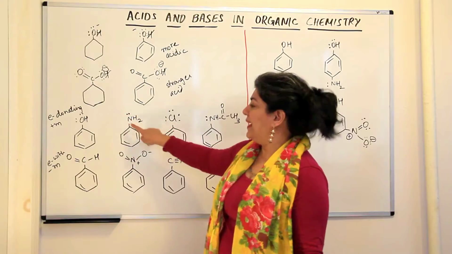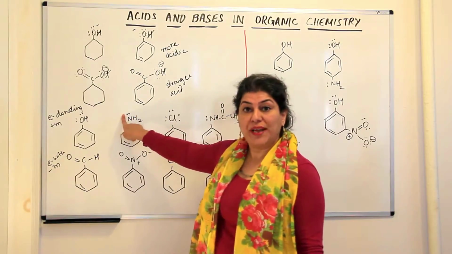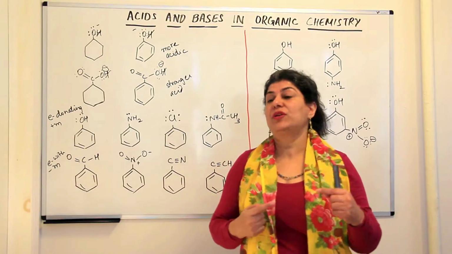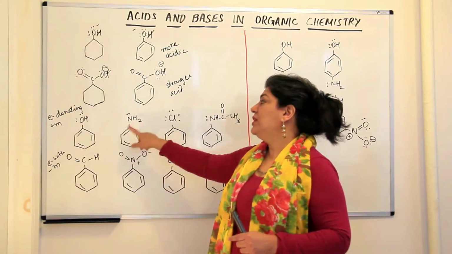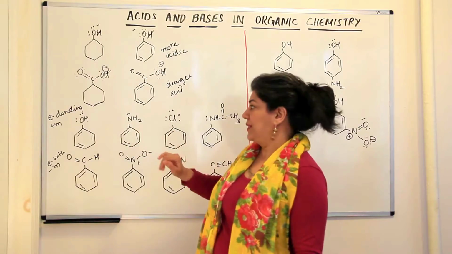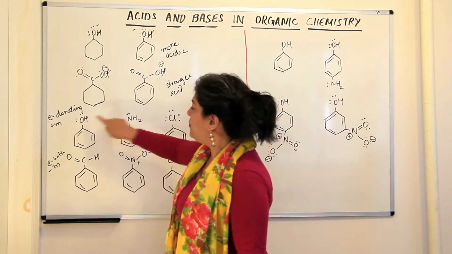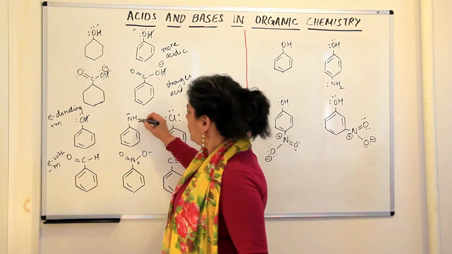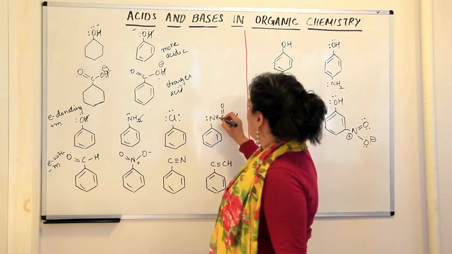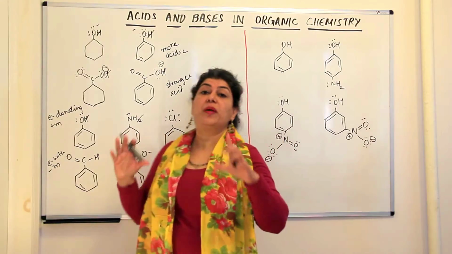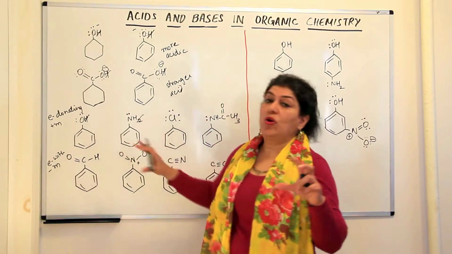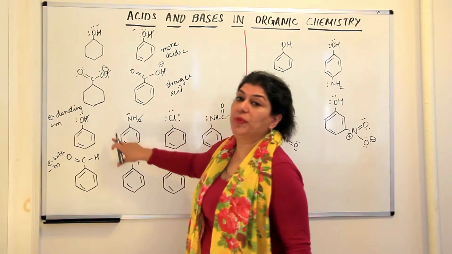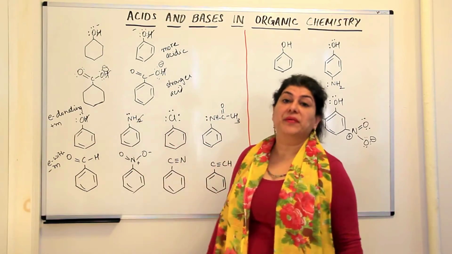Similarly, a group like NH2, where there's a lone pair of electrons on nitrogen, would also participate in the resonance in the benzene ring, and therefore this also shows a plus M effect. As a result, if you deprotonate these atoms, removing the hydrogen here and a hydrogen here, the conjugate base becomes stable because of the shuffling of this lone pair of electrons inside the benzene ring.